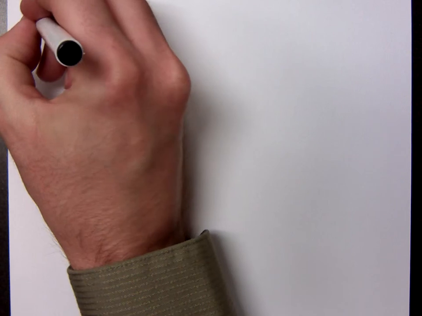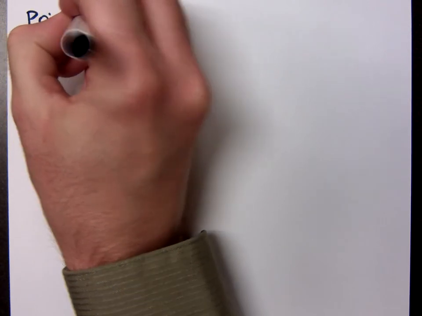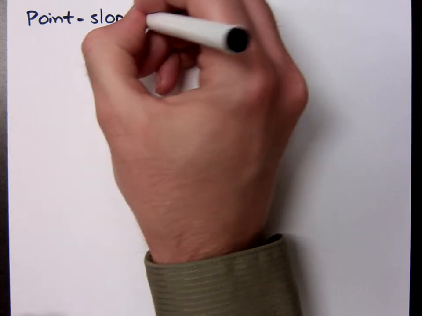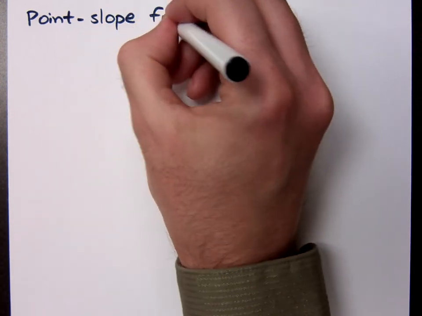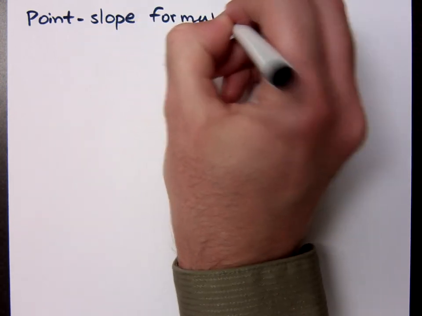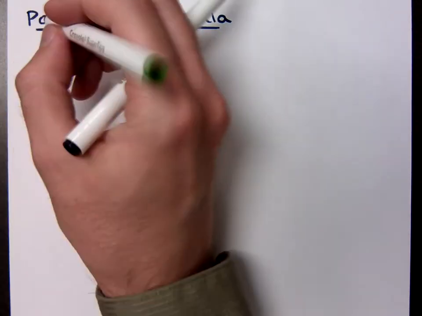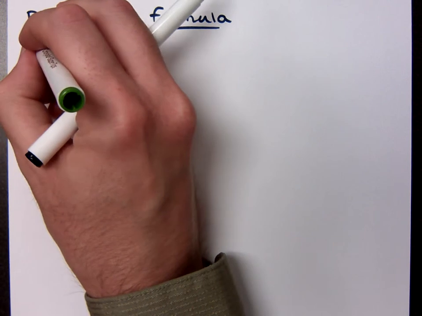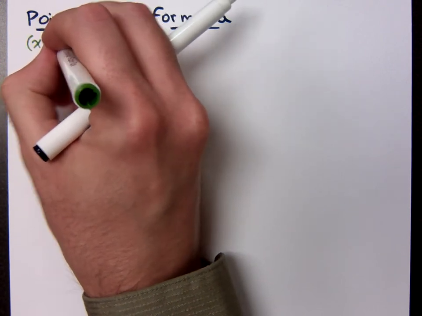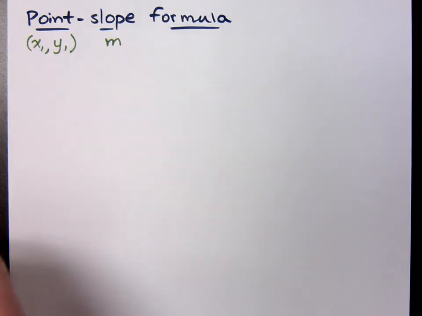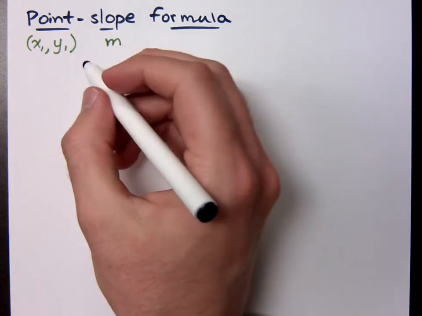We can use the slope-intercept form, but we can also use something called the point-slope formula. And here's what the point-slope formula says. If you're given a point, and we'll label this x1, y1, and you've got a slope, m, then this is your formula.